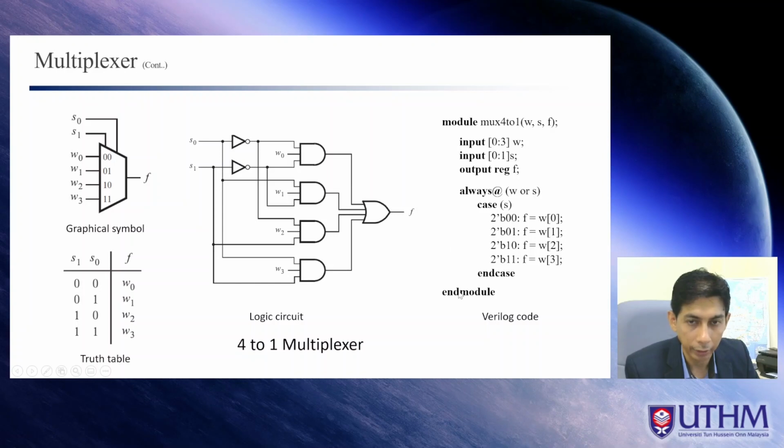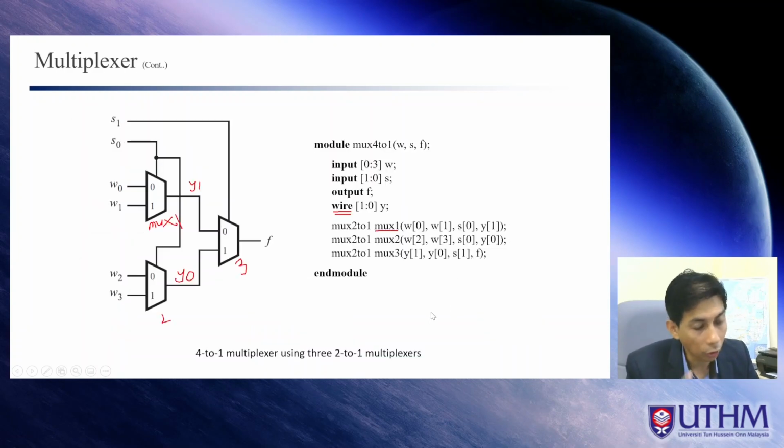Of course, the circuit is different in terms of structure, but the behavior is the same. Okay. So remember, we can describe our circuit in 3 different Verilog modeling styles: the dataflow modeling, the behavioral modeling, and the structural modeling. Which one you want to use is up to you. All right. So that is the multiplexer.